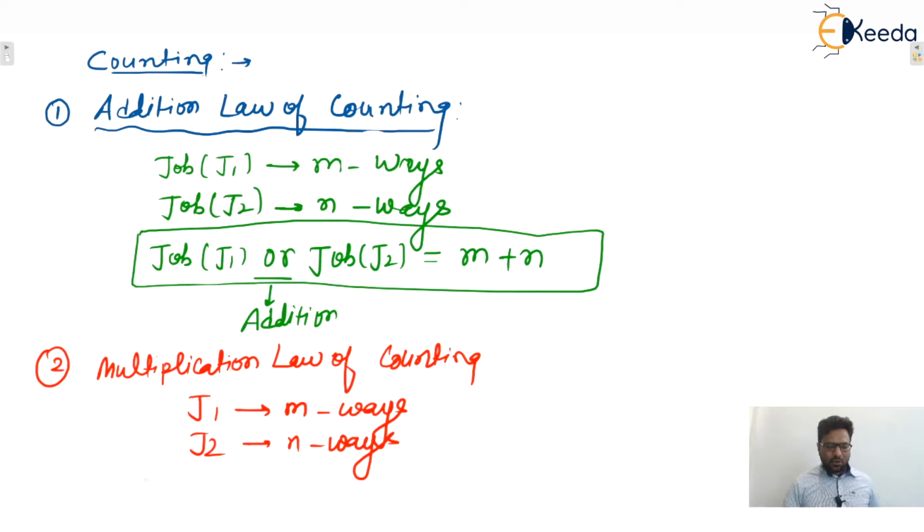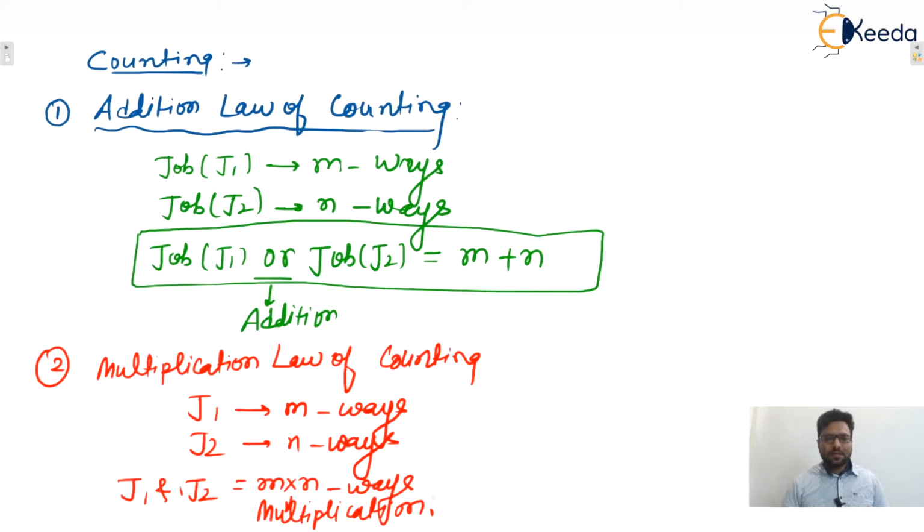Then job J1 and job J2 together can be done in how many ways? m into n ways. If and is there in any English statement, then the meaning of that is multiplication.